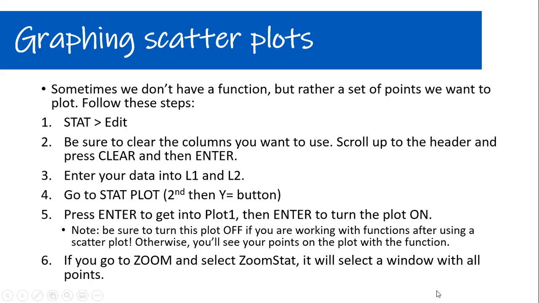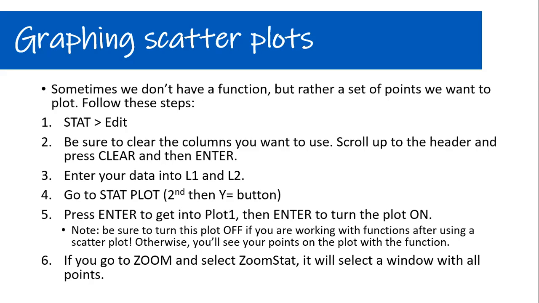We're going to press the stat button and we're going to choose edit. We want to make sure that the columns we want to use are clear, and I'll show you how to do that. But basically you can scroll up to the header, press clear, press enter, and it'll clear anything you have there. You should enter your data into L1 and L2, okay? L1 needs to be all your x values, and L2 needs to be the associated y values.